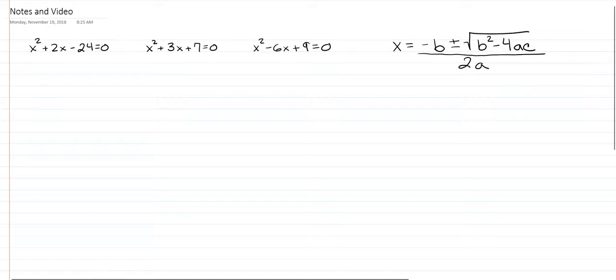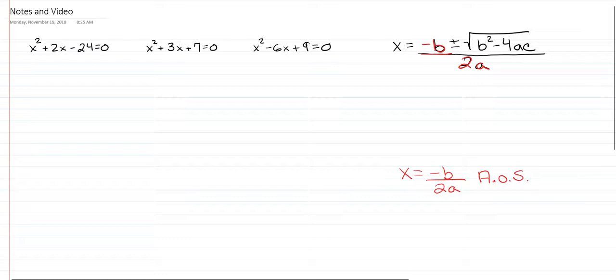So we know a couple things already. We already know that the negative b over 2a is our axis of symmetry. So that we already know is part of our quadratic formula.